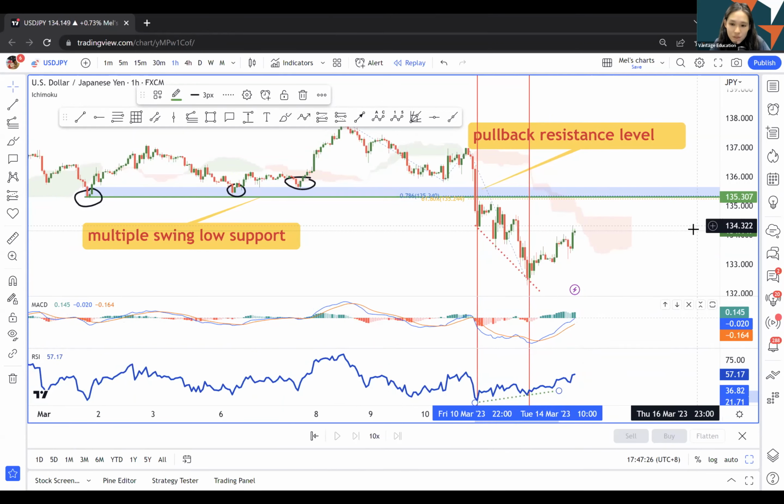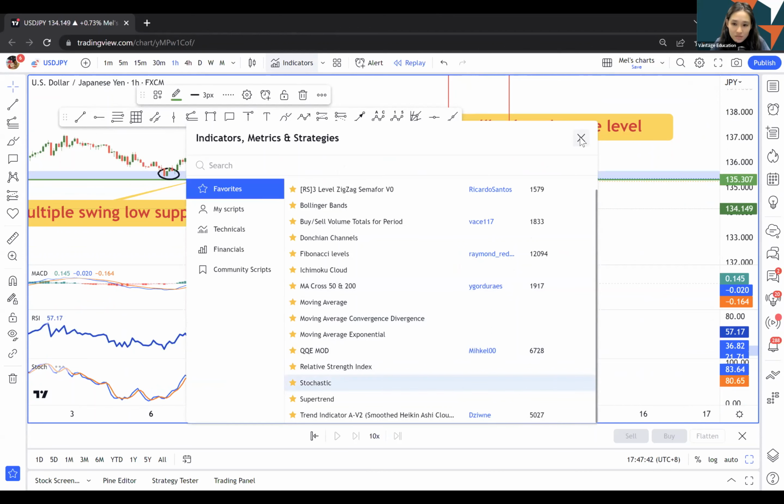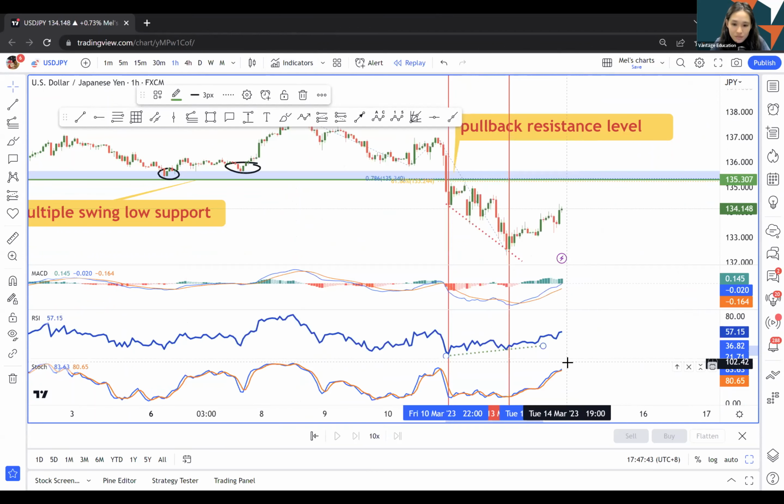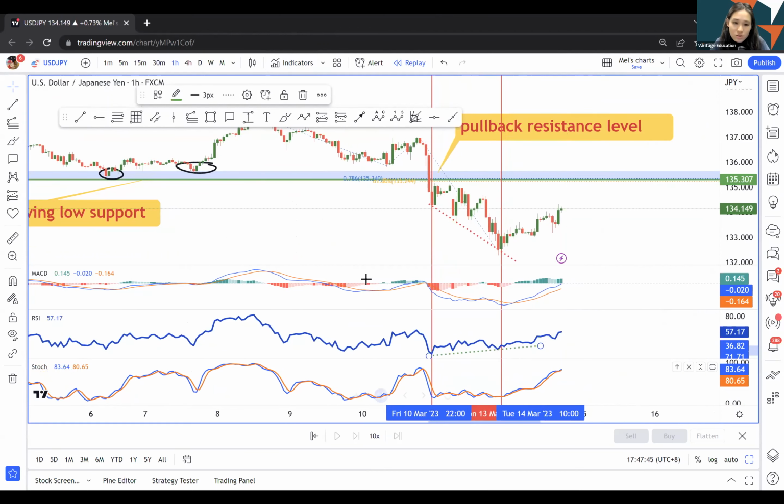So I'm going to remove Ichimoku because it doesn't line up with our bullish bias. Let's use stochastic. Similarly on stochastic, we see that prices have made a higher low.